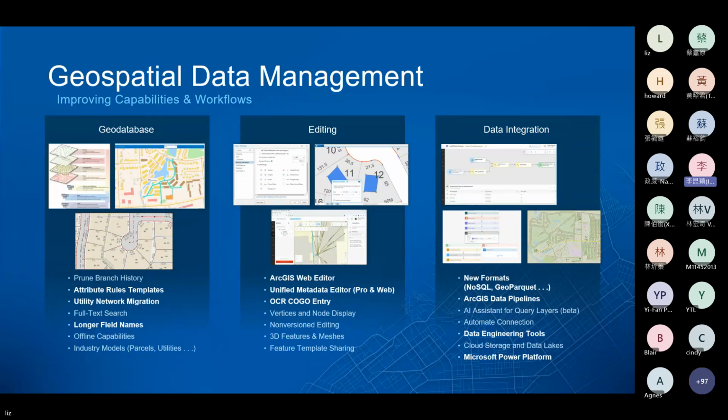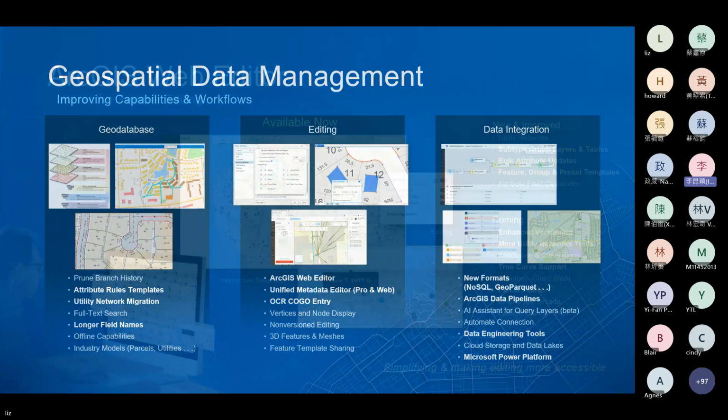For editing, we've expanded our web-based capabilities from basic feature updates to metadata management. Our integration now provides native support for new database types. And ArcGIS Data Pipelines makes it easier to connect to business systems, bringing data into ArcGIS Online. We've also enhanced our data engineering tools and integration with Microsoft Power Platform.